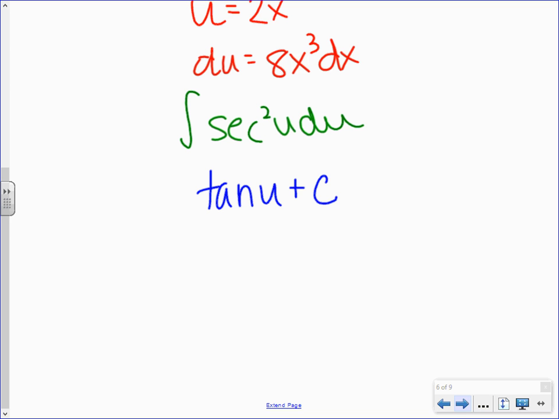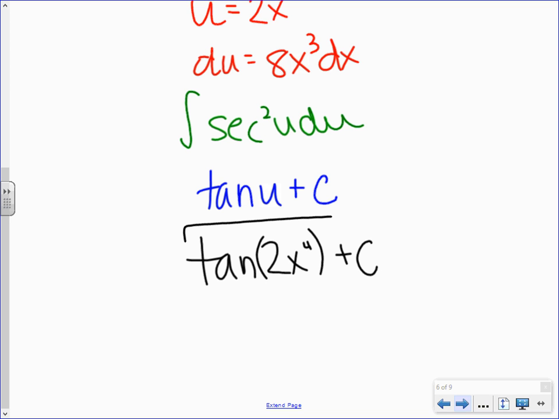So your final answer should be tangent of, was it 4x? What was it? x to the 4. Plus c. Okay, sorry, it was secant squared u.